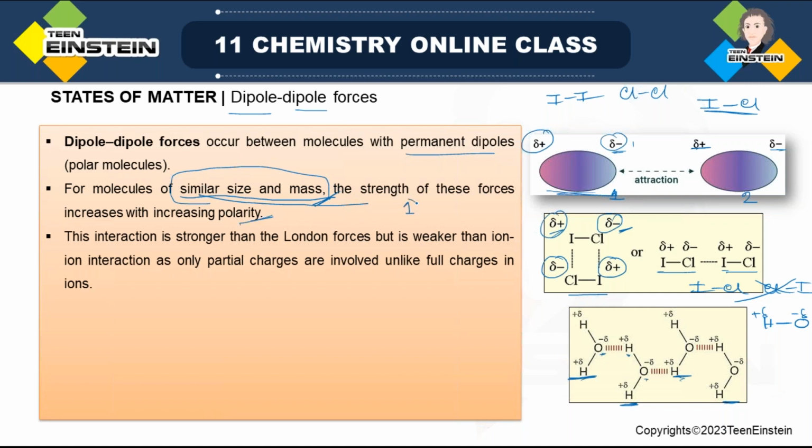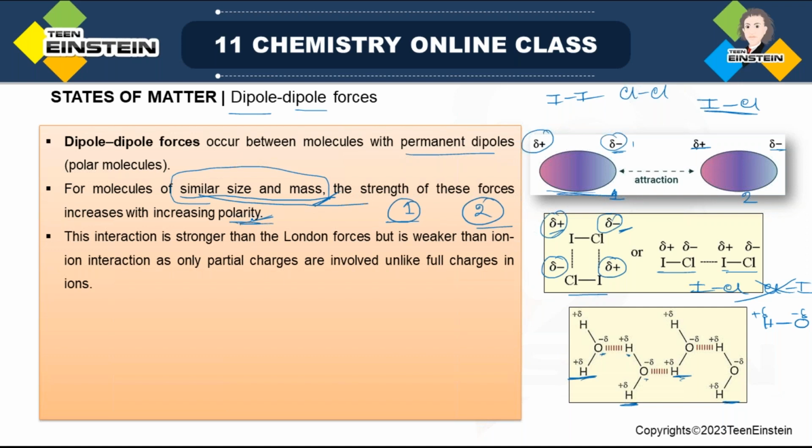Suppose you have taken molecule 1 and molecule 2. First you have to check whether their masses are close to each other or not. When they are close, or their size is close, or sometimes shape also matters, when these are almost the same, only then can you consider how it is related to polarity.